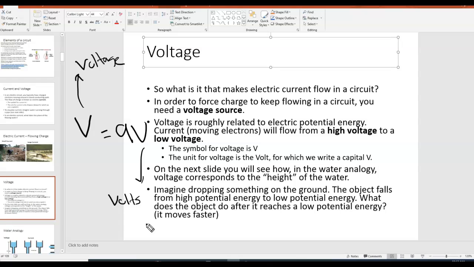It's a little confusing because we're using a capital V both for voltage, the symbol, and for volts, the unit for voltage.